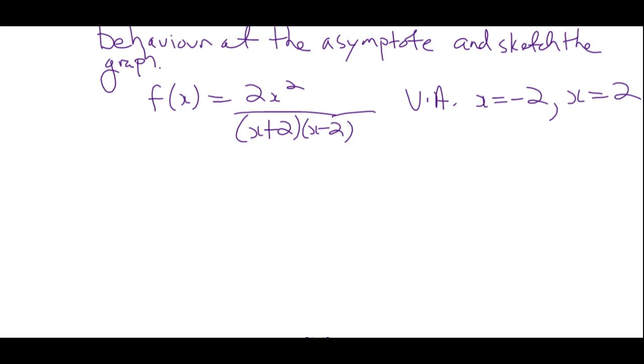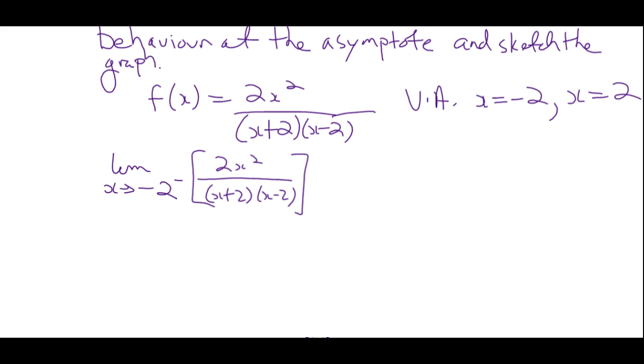So we do the usual stuff. We're going to work out the limit as x approaches negative 2 from below of 2x squared over (x plus 2)(x minus 2). We have three terms to figure out. We know 2x squared is always positive, so up here we're going to have a positive.